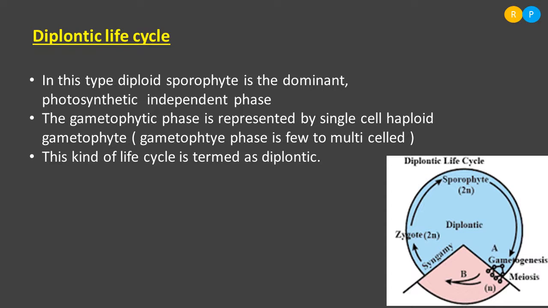And soon after the formation of gametes, they undergo fusion. That means syngamy takes place and it results in the formation of the zygote. And that diploid zygote again divides and forms a main plantlet. So, this is the overview of the diplontic life cycle.